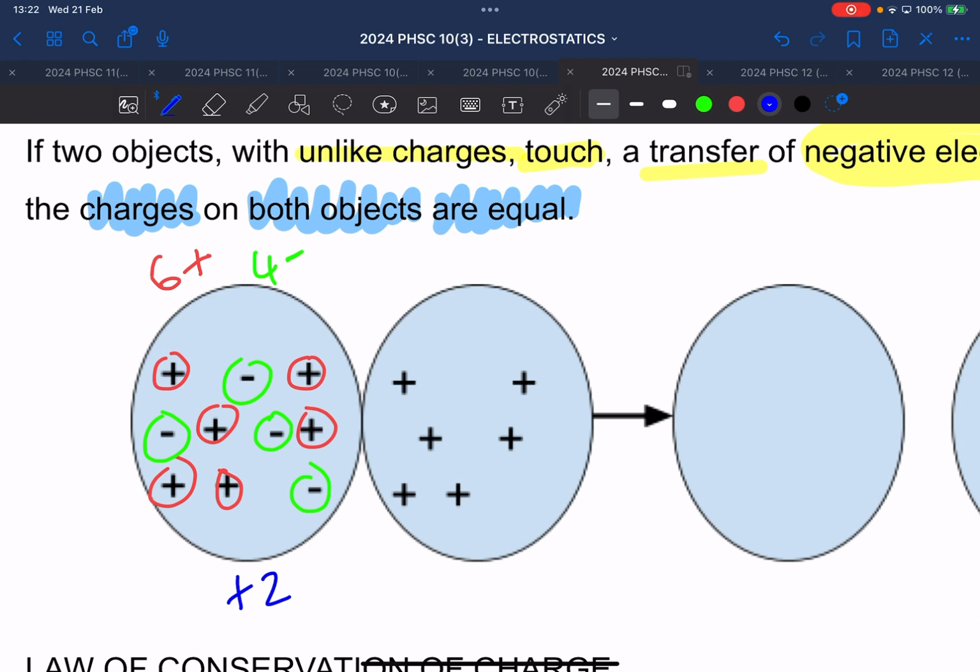So this sphere is positively charged. Then this one here we see we have 1, 2, 3, 4, 5, 6 positive things and absolutely 0 negative things. Okay, so what will the net charge be, Lesego? Positive 6. Alright, so we can see we have two things.